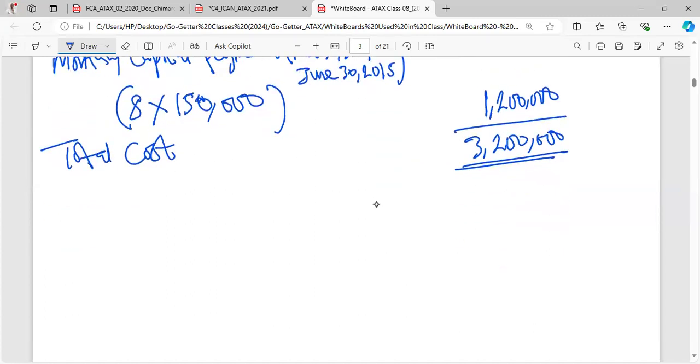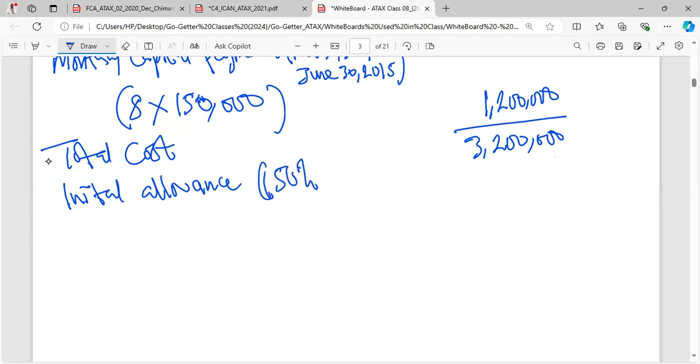Then, I shouldn't have underlined it double. Then you will say initial allowance. Initial allowance, which is 50%, that would be 1,600,000.